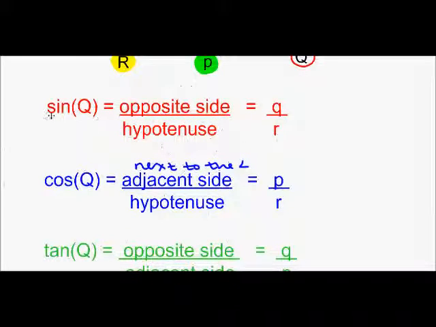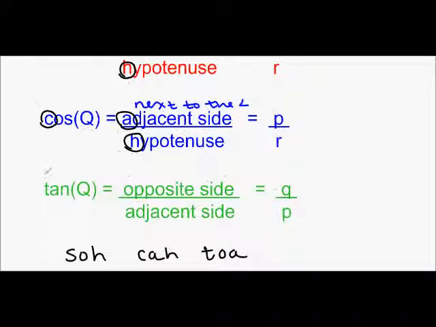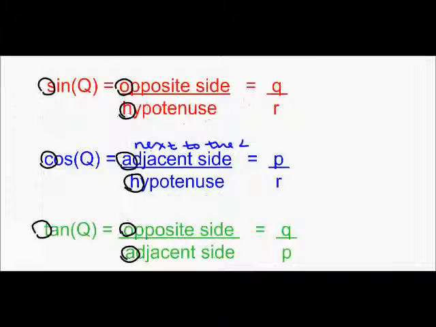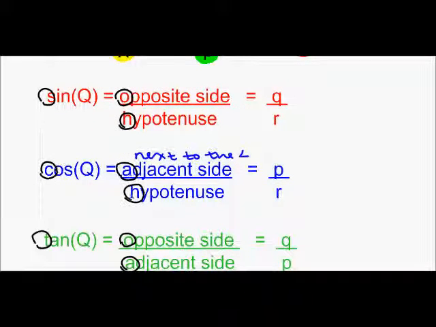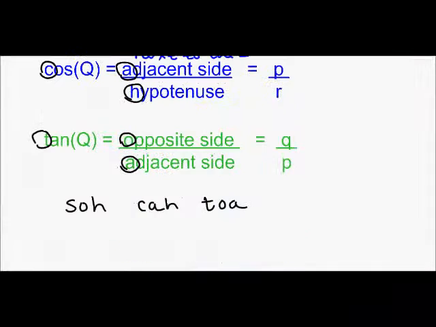That stands for sine is opposite over hypotenuse. Cosine is adjacent over hypotenuse. Tangent is opposite over adjacent. So we have SOH CAH TOA.